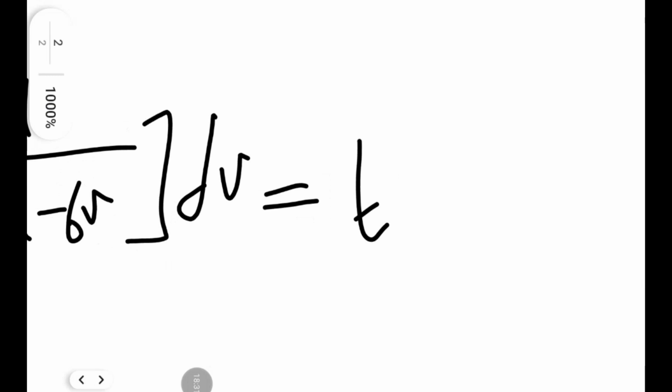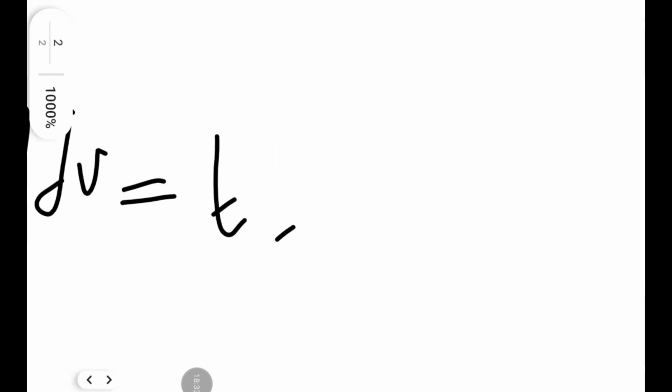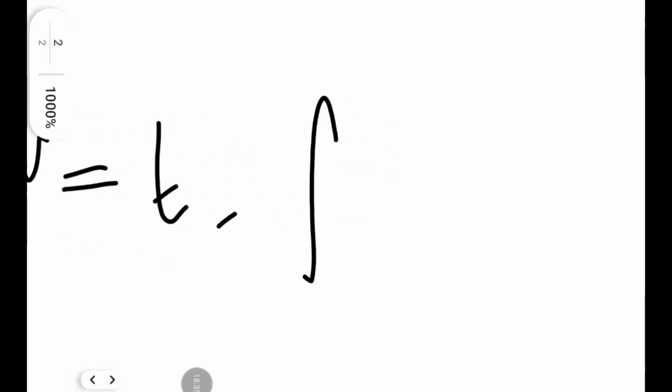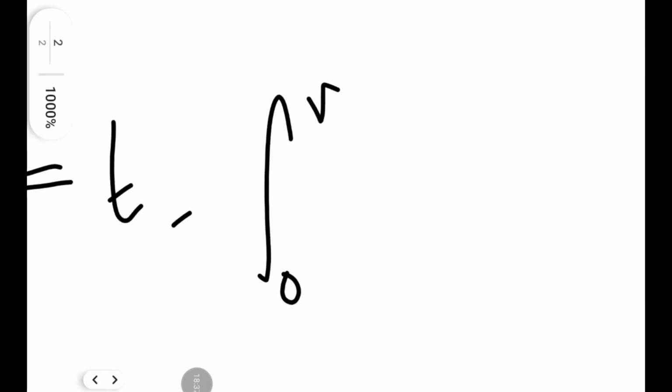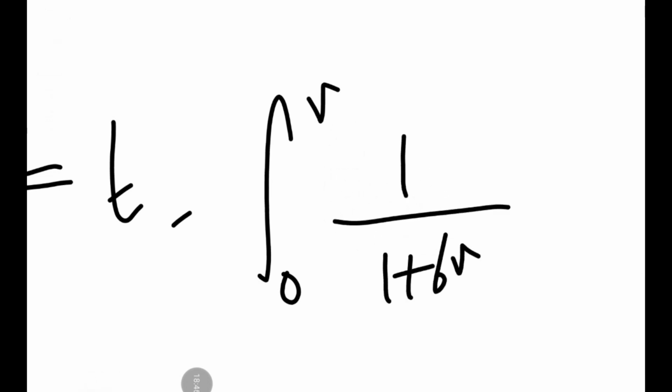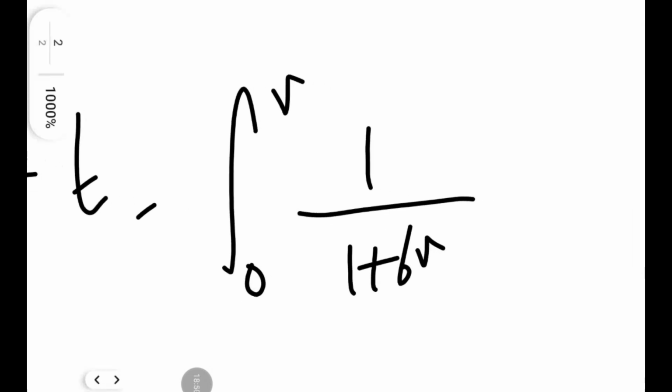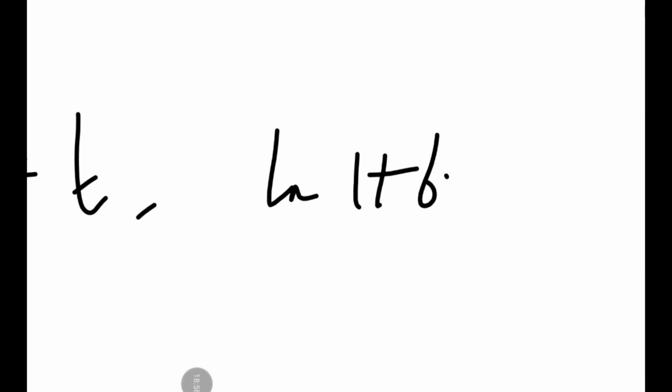To integrate that, that's just logarithms. We know the integral between 0 and v of 1 over 1 plus bv is a natural logarithm integral. If you've done integrals, you'll know that's equivalent to ln of 1 plus bv.